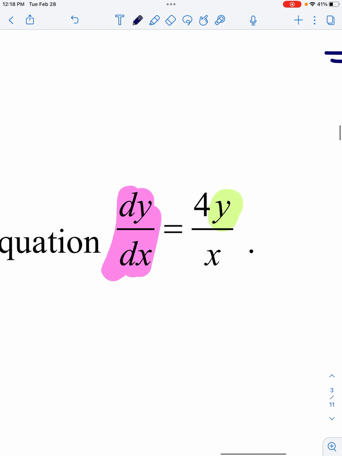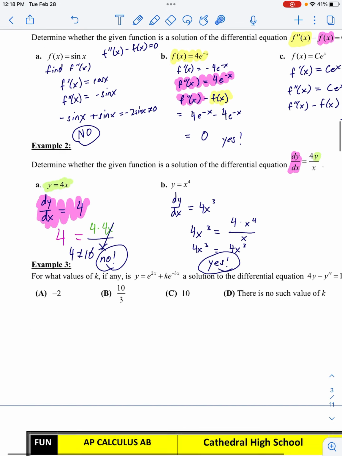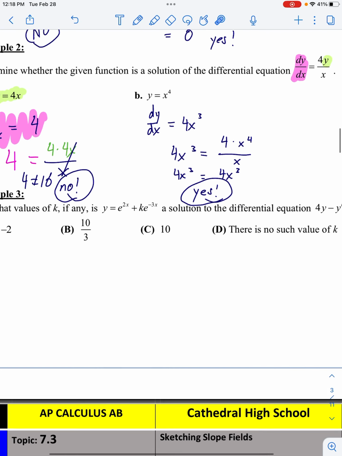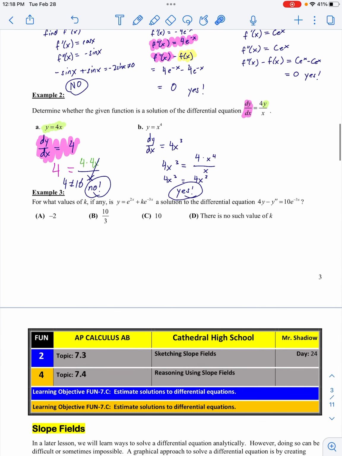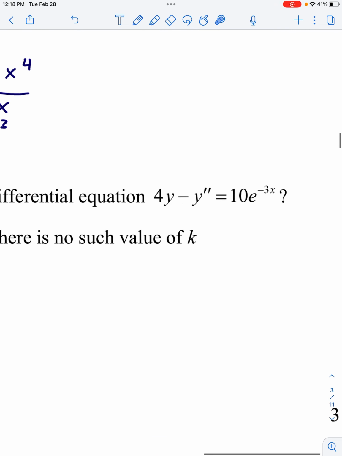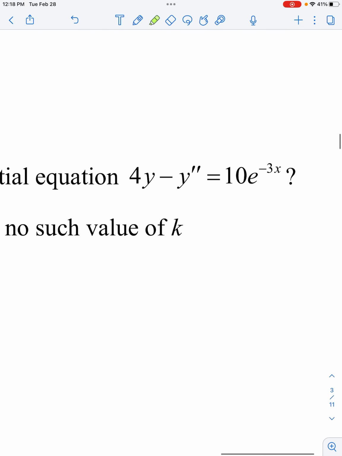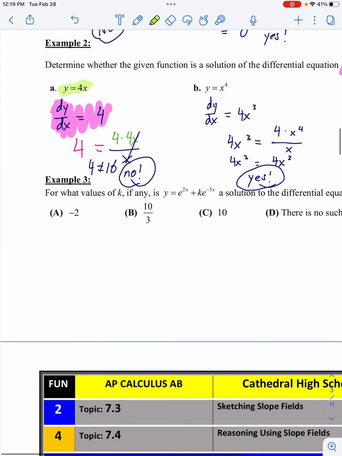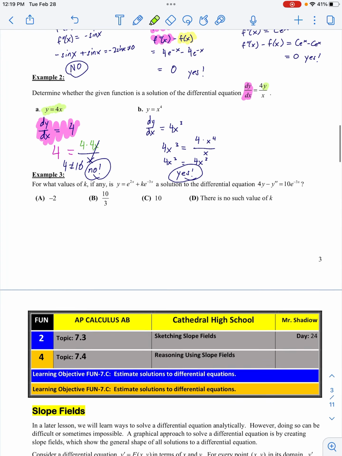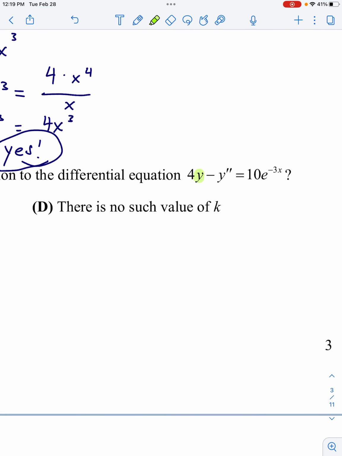So for a differential equation, instead of plugging a number in to check, we plug a whole function in and its derivatives, okay? There we go. For what values of k, if any, is y equals e to the 2x plus k e to the negative 3x a solution to this big old differential equation here, okay? So we need to plug in, to check, right, we start with y. Into this equation, we need to plug y and y double prime, okay?